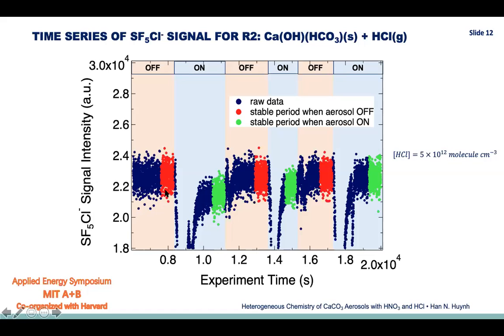We then introduce the aerosol into the flow tube, leading the signal to drop immediately. Once the signal stabilized as shown with the green dots, we turn off the aerosol flow while maintaining a constant total flow rate. We repeated that off-on process 3 to 5 times in each experiment. For all aerosol flow tube CIMS experiments, we kept a constant HCl concentration.